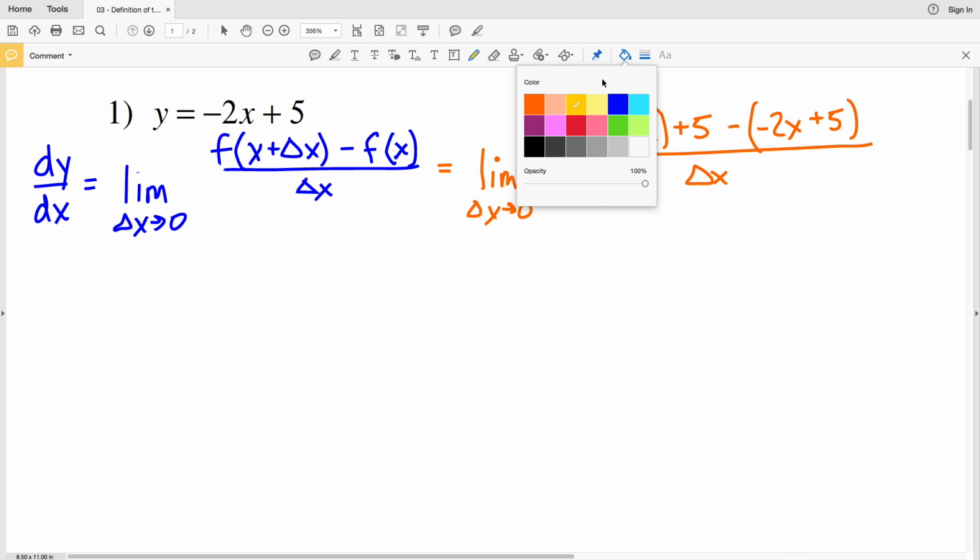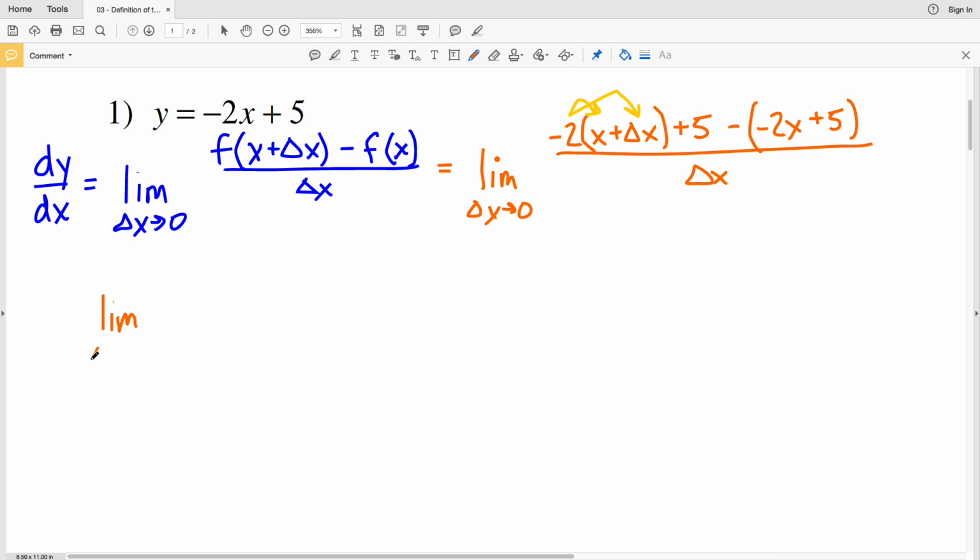My next step is going to be to distribute this negative 2. So I'm going to have the limit as delta x approaches 0 of negative 2 times x, which is negative 2x, plus negative 2 times delta x, plus 5, minus a negative 2x, which is the same as adding a positive 2x, and then I'm also subtracting a positive 5.